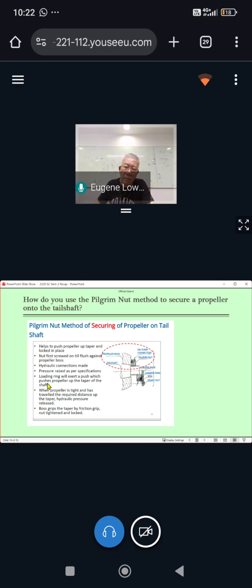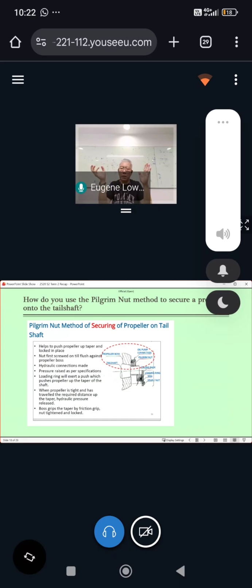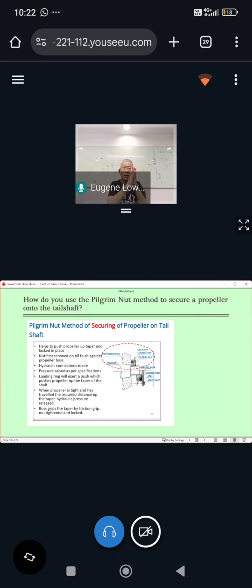And then when the propeller is tight and has traveled the required distance up the taper, hydraulic pressure is reduced from the pilgrim nut. So when the propeller has moved until it cannot move anymore, given the pressure of the hydraulic oil, that is deemed to be enough.